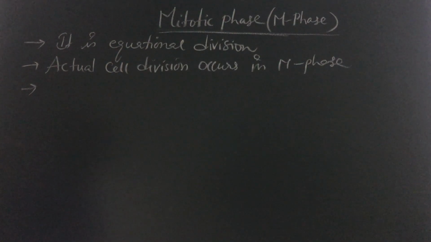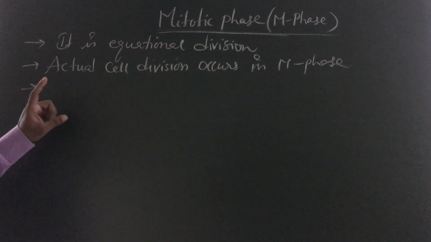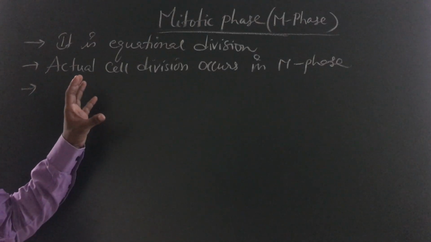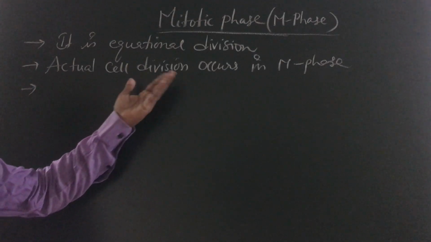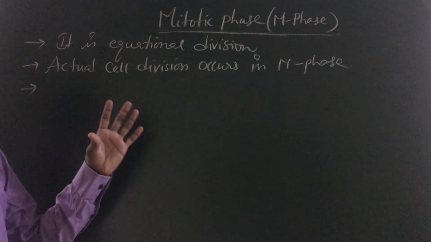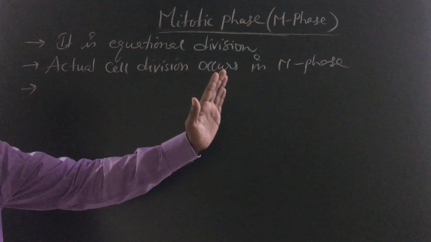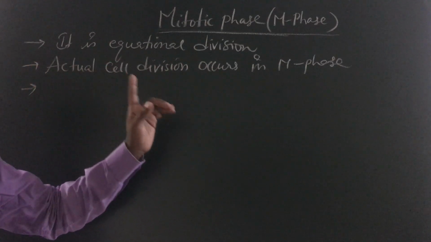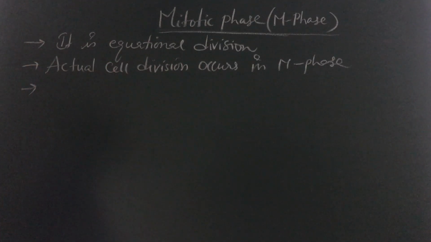Next, how many hours does it last? I told you, 1 hour, because 23 hours, if you take 1 day of 24 hours, 23 hours will be for interphase, and only 1 hour will be for the M phase.